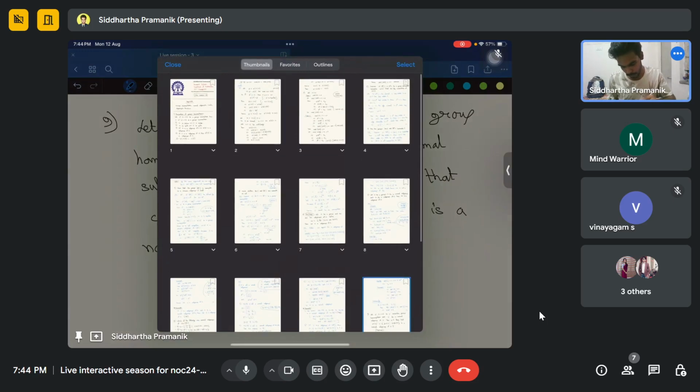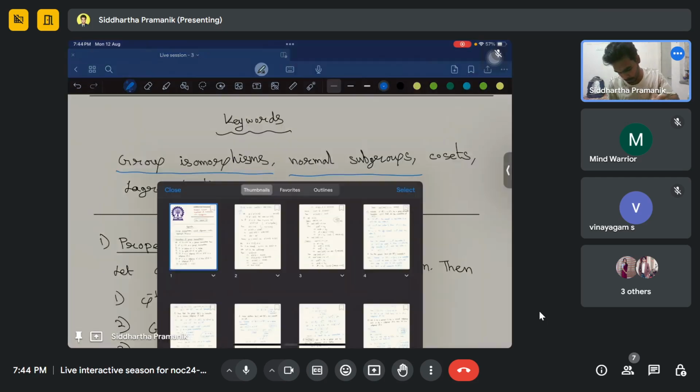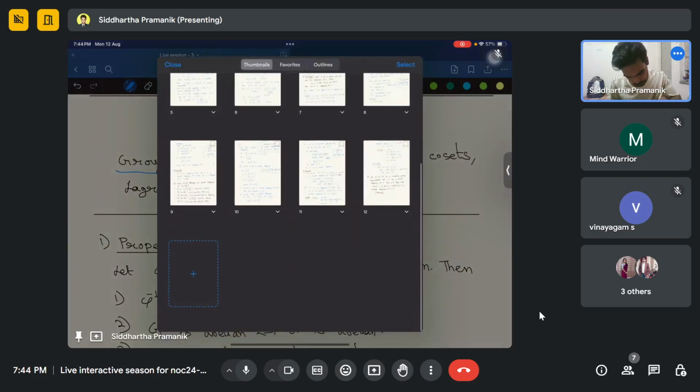So we have done problems on group isomorphisms, also on normal subgroups. So two are left, cosets and Lagrange's theorem. So let's try to cover as much as possible.